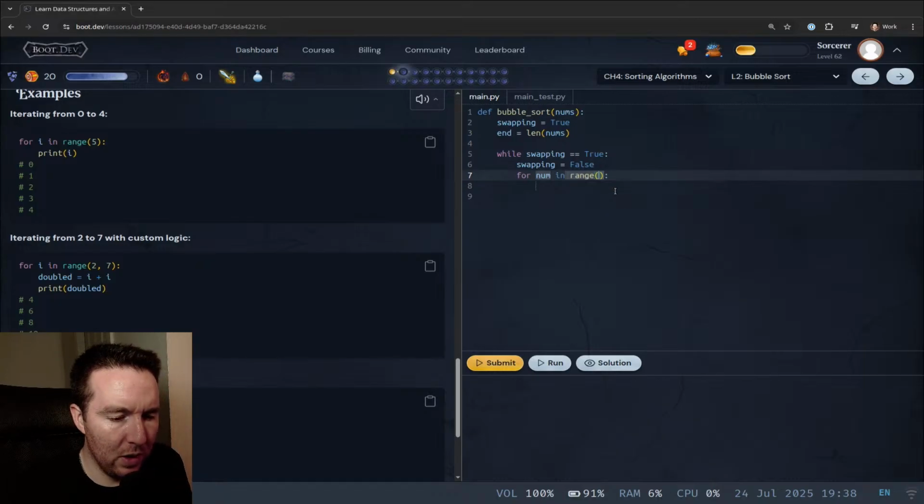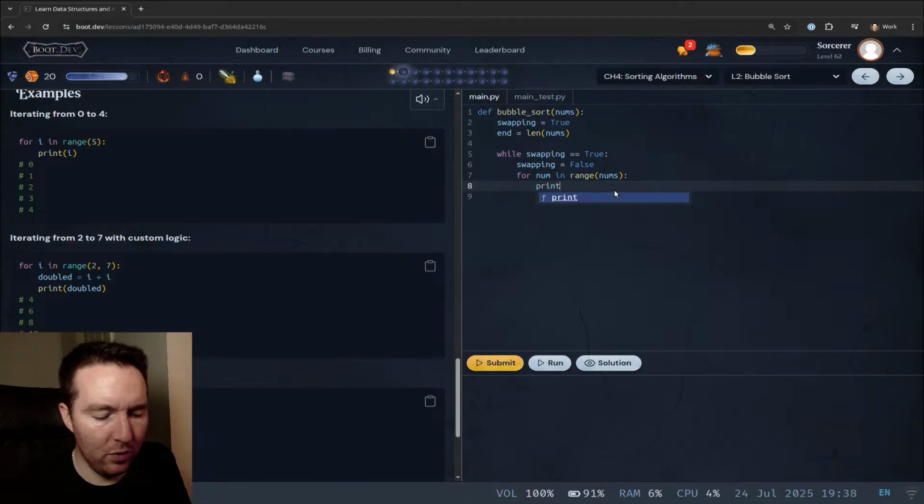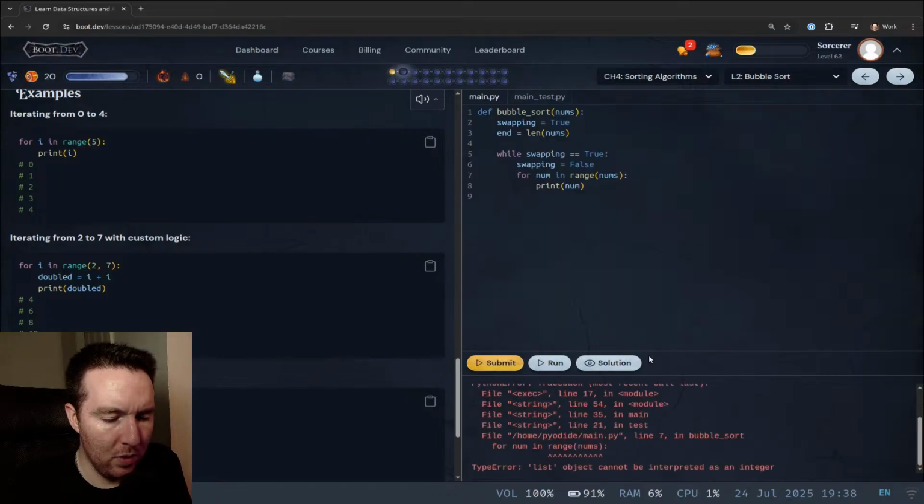So nums. In fact, I'll just do that for now and then just see what it prints out. So print num. See what it does.